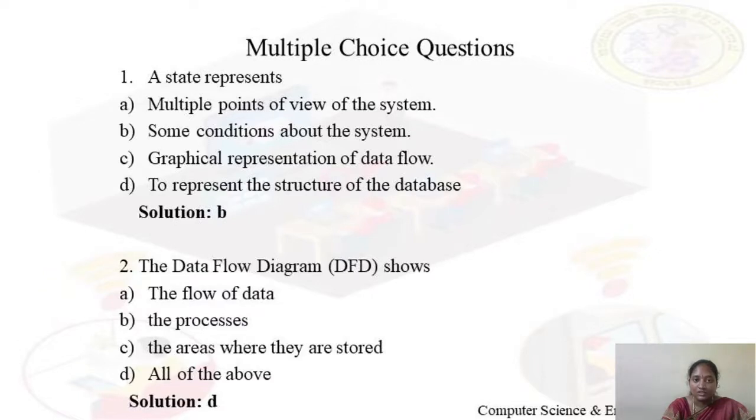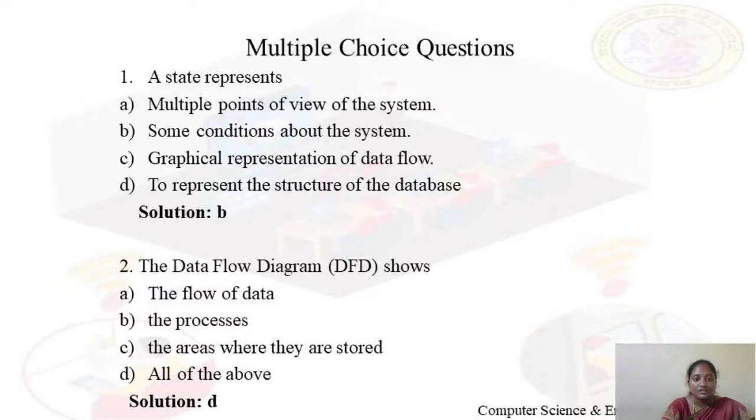And the solution is some conditions about the system. Option A represents the projection. Option C represents the data flow diagram. And D represents the ER diagram. So the answer is B. Some conditions about the system is a state.